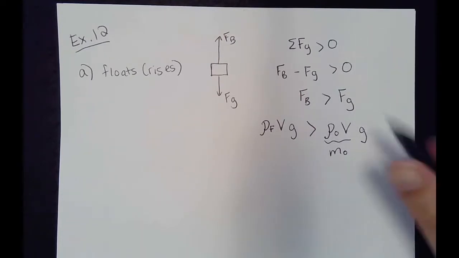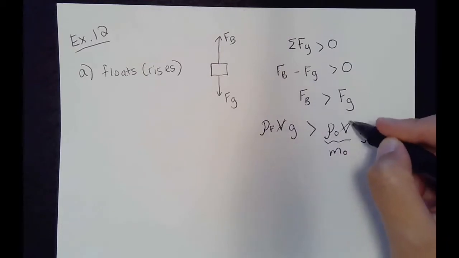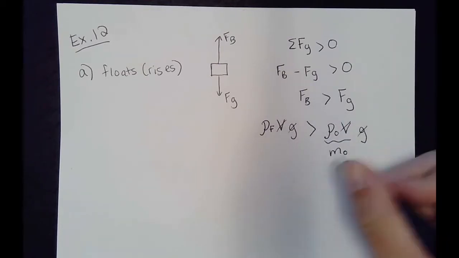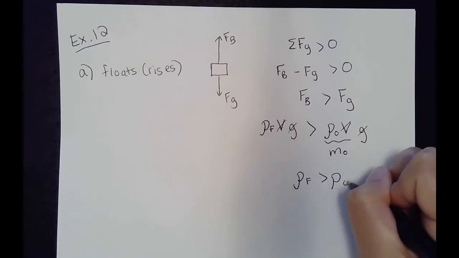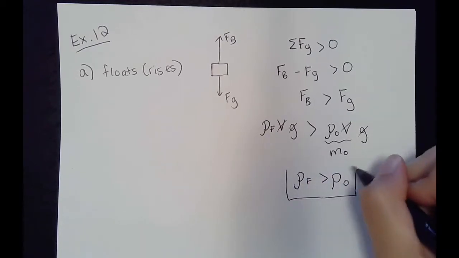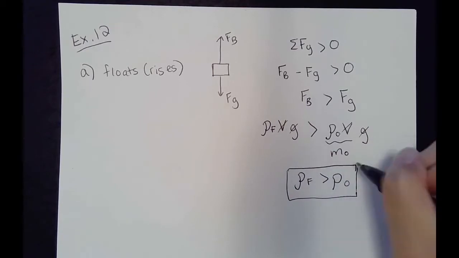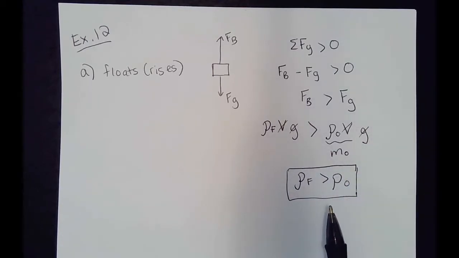Notice here that the volumes will cancel, and this factor of g cancels, and we're left with the density of the fluid is greater than the density of the object. And this is what we would expect, right? If an object is less dense than the fluid, when it's dropped into the fluid, it will rise upwards.